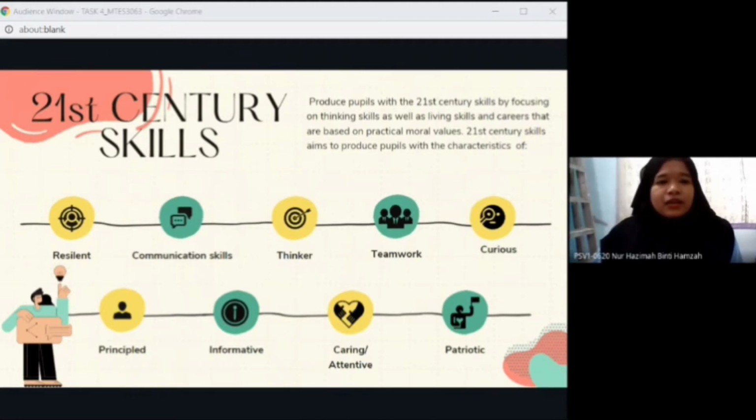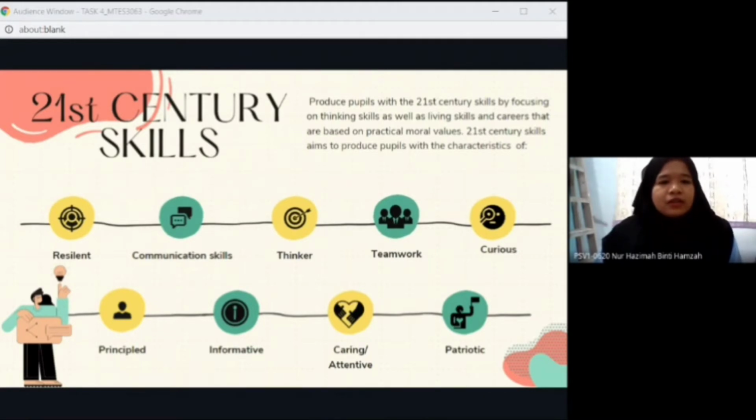And then number 5 is curious, that the pupils develop natural curiosity to explore strategies and new ideas. And then number 6 is principled, that the pupils are honest and have integrity. Then informative, that the pupils gain knowledge and develop wide and balanced understanding.